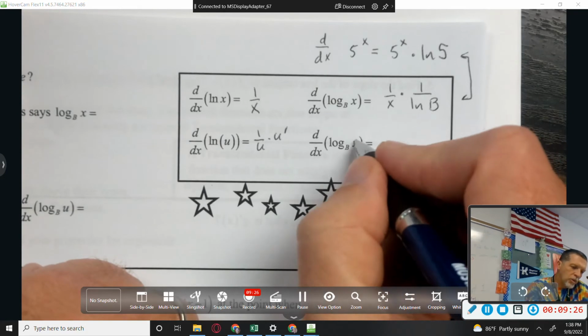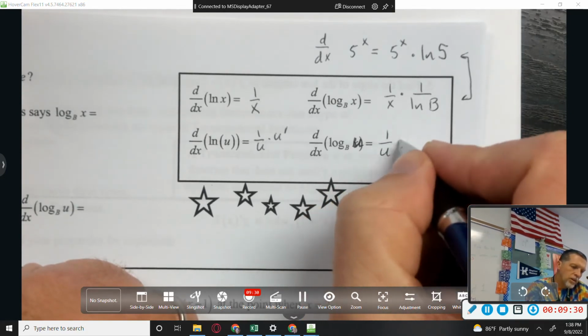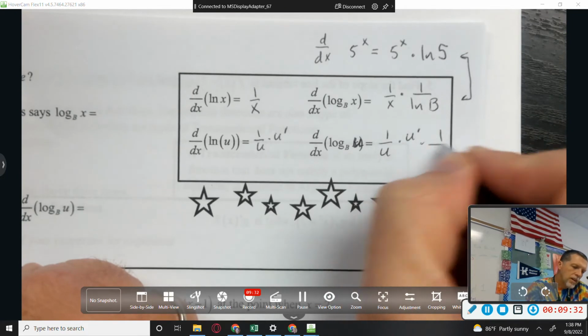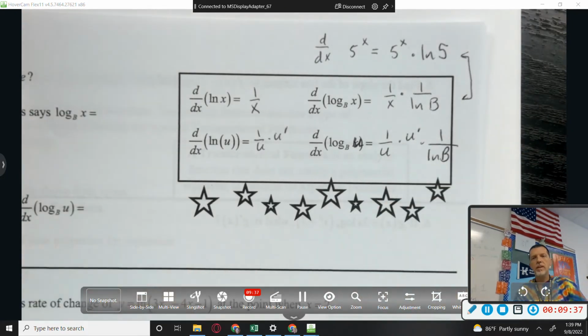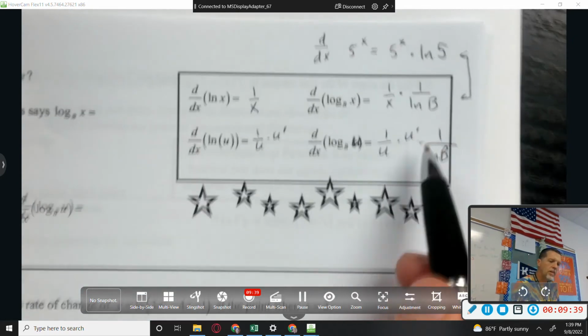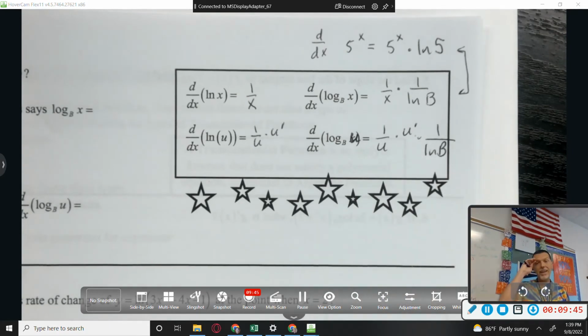I bet that's supposed to be a u. So that we do 1 over u times u prime times 1 over natural log of b. And again, there's ways you could condense all of that. You could condense that and write it neatly, but then you sort of lose where it comes from.